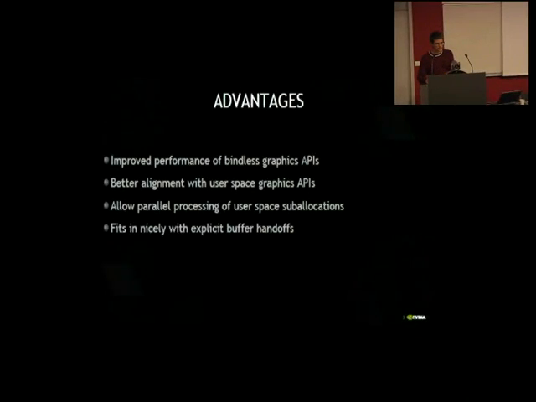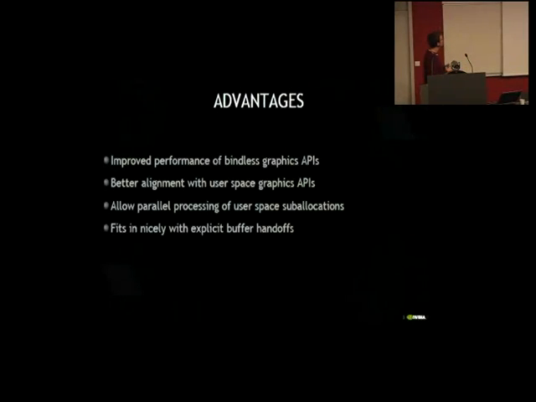Right, so I will present some advantages of the explicit sync model, where I think it succeeds better than the implicit model. And also, these are the reasons that I think DRM should also support this explicit sync model.